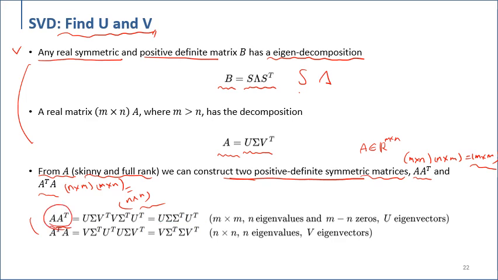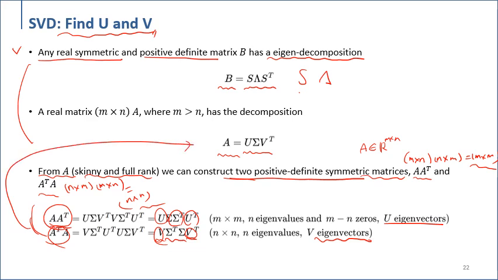By calculating the eigenvectors and eigenvalues of A A transpose, you can compute the U vectors and also sigma. And by calculating A transpose A, you can calculate the eigenvectors V. So you can calculate U and V and also sigma. So that's it. By doing so, you can find the U, V, and sigma matrices, and by using these three matrices, you can decompose any matrix A.